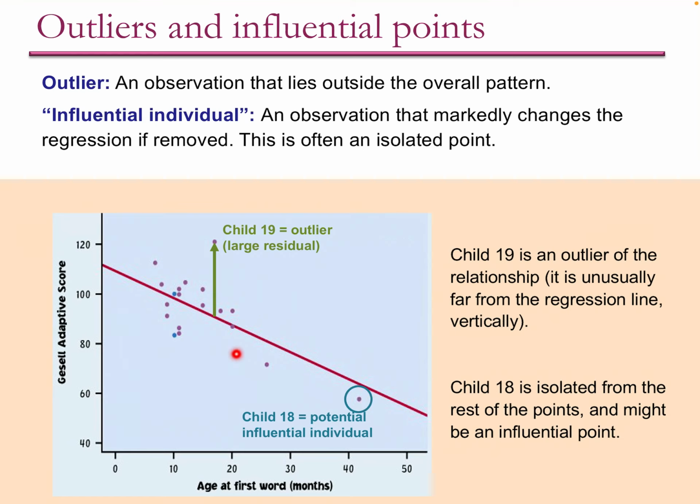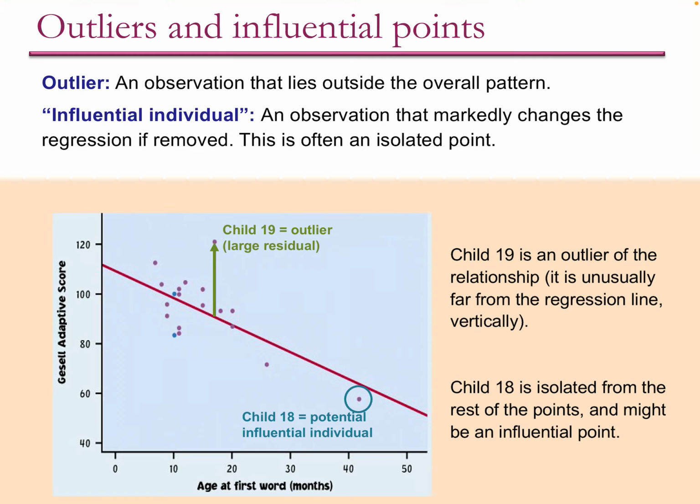It's not within this channel or pattern of the data. Here we have child 18, which is way out here to the end. And we talked about the reason for having very little data here. So we've got these big gaps, and then this one, which seems to be sort of away from the center of mass of the data, is still within the pattern because it's close to that slope of that line, but it's just far down the line. That could be an influential data point.